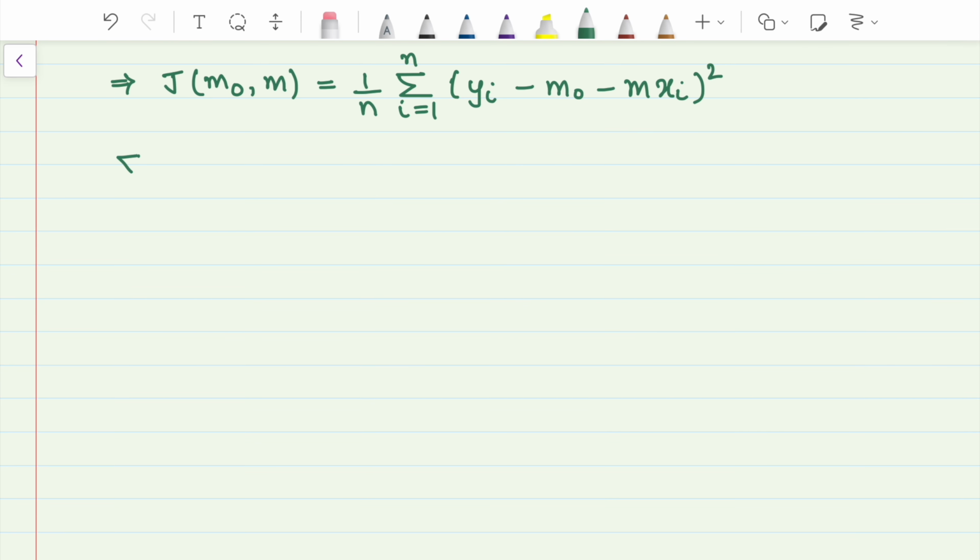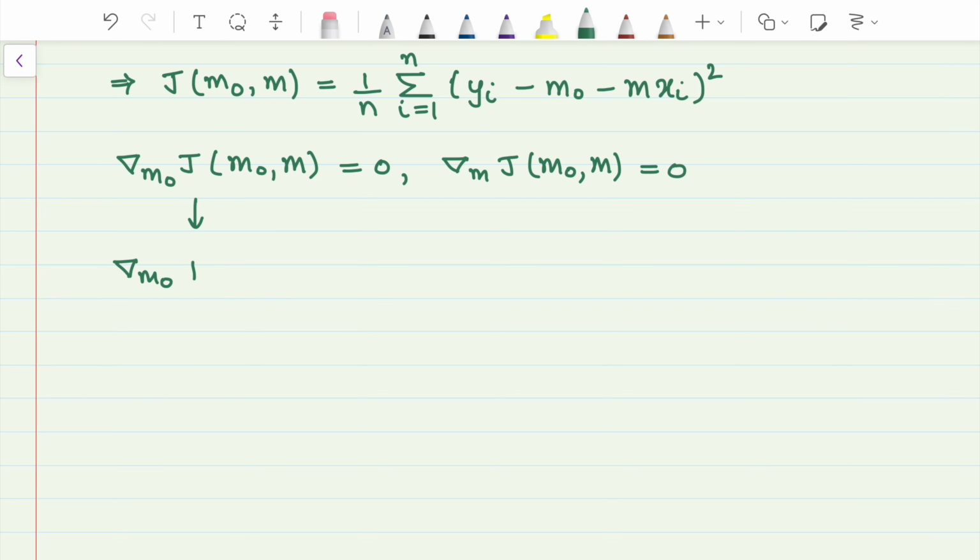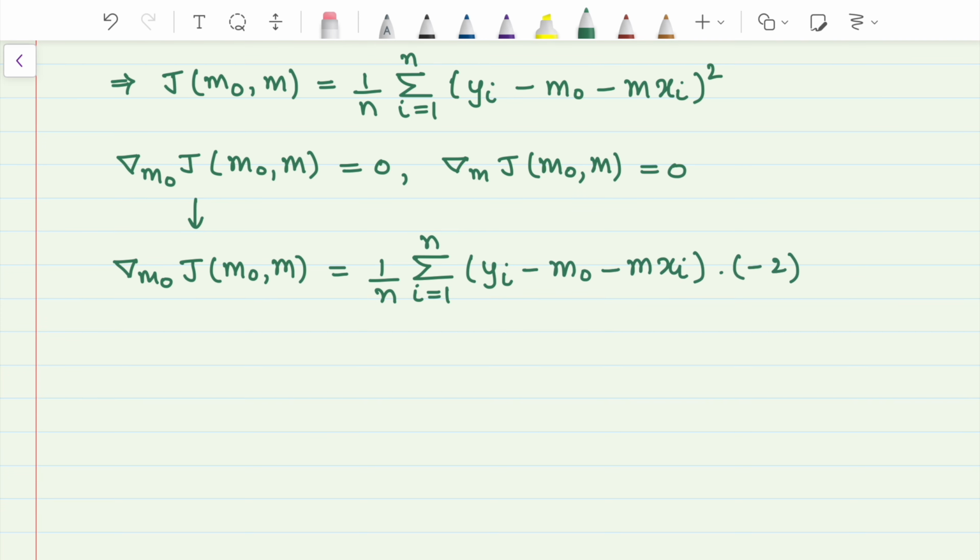Again, we replace the value of yi cap with m0 plus m xi. Once again, because we want to minimize the value of J(m0, m), we end up taking the gradients of J(m0, m) with respect to m0 and m and equating them to 0. First, we find the gradient of J(m0, m) with respect to m0.